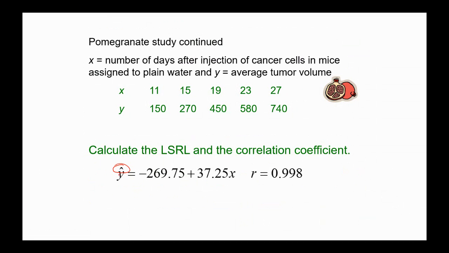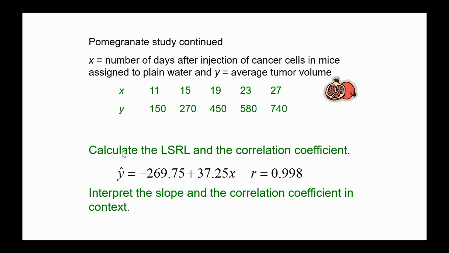So it's not asking you to do like a strong positive or anything like that? We're about to. Because right below that, where we did our graph and everything, it says interpret the slope and the correlation coefficients in the context of the problem. So first, let's do slope.